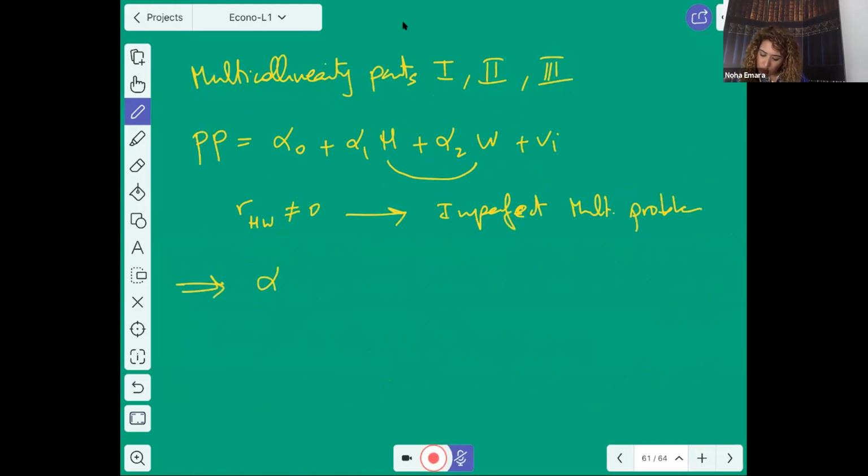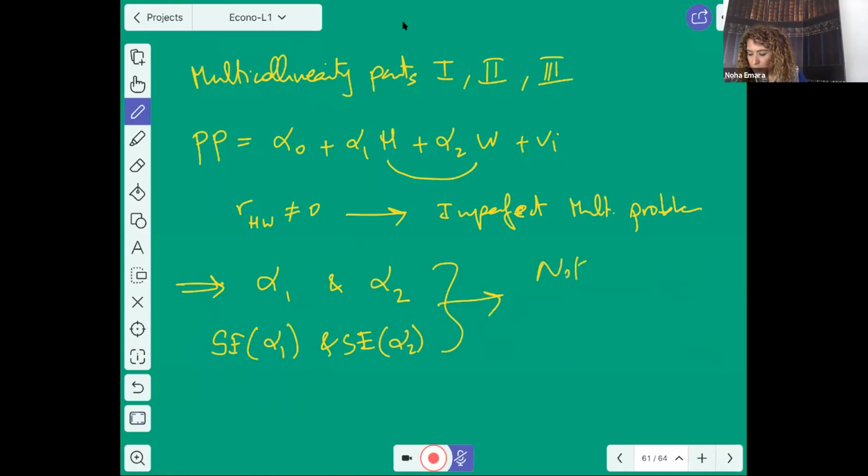Alpha 1 and alpha 2, the standard error of alpha 1 and the standard error of alpha 2, all these will not be accurately estimated.